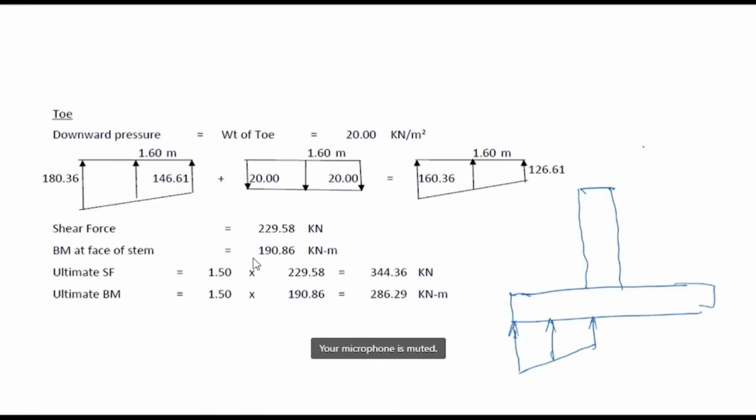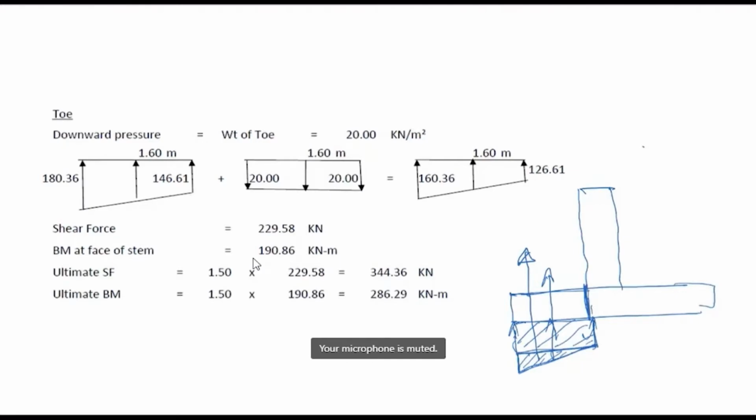So we will calculate the shear force here by dividing this pressure distribution into a rectangular part and a triangular part. So that force will be the summation of this plus this, and the moment of this about this will be the force of the rectangular part into this lever arm plus the force in the triangular part into this lever arm.